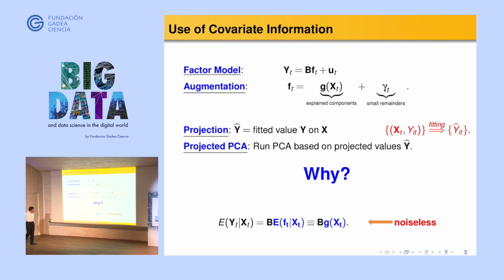So now how do we use this covariate information? Again, it's surprisingly simple. For each disaggregated time series, or for each gene, whichever you have, and WT is your aggregate time series, you do some kind of non-parametric smoothing fit. You regress your time series on XT, and then you get your fitted value.